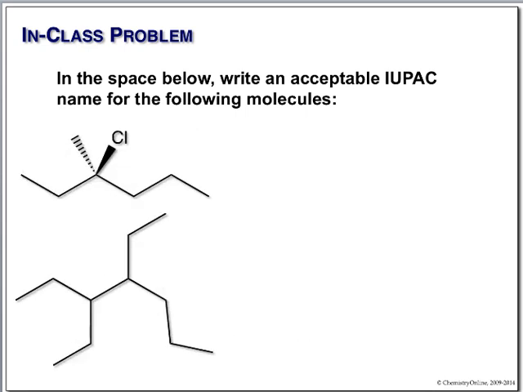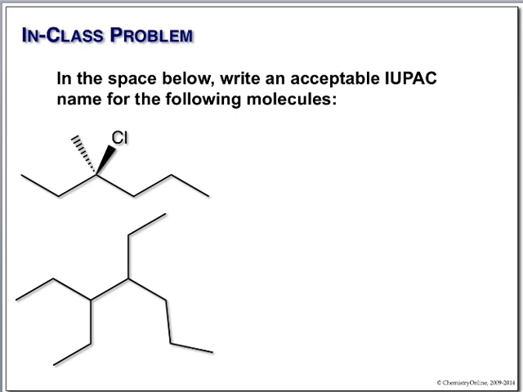Our next one, again, we have a couple structures. Let's give them names. When we look at our first one, if we were considering this to be from chapter 5, again, we would have to identify that as a chiral center and do R or S. But we don't right now, so we won't.